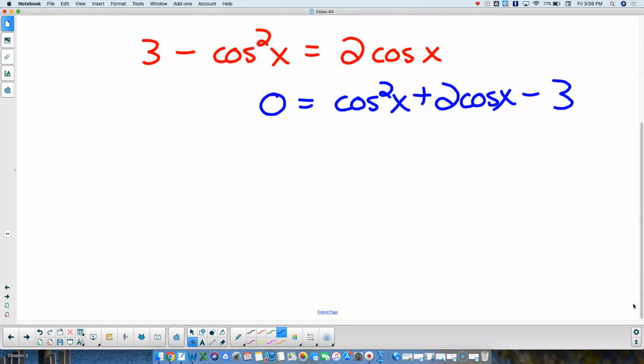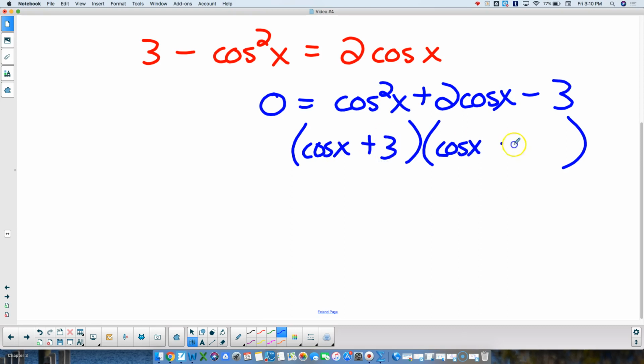Now I can factor cosine of x and cosine of x. I need two numbers that multiply together to be -3 and add to be +2, thinking algebraic like. So that is how this one would factor. Cosine of x plus 3, cosine of x minus 1.